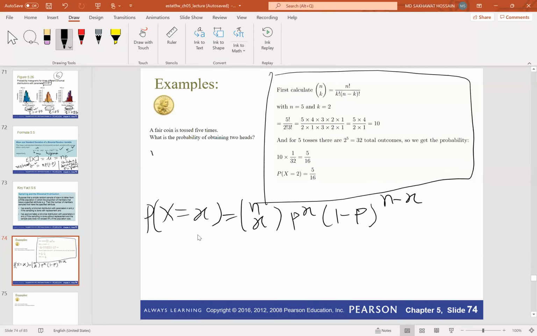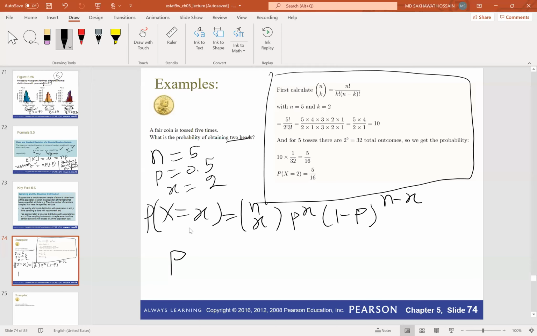You already know n is 5 and p is 0.5. What is the value of small x here? Anyone? It is the number of successes we want to have, right? So how many successes do we want? We want 2 heads, so this is 2.